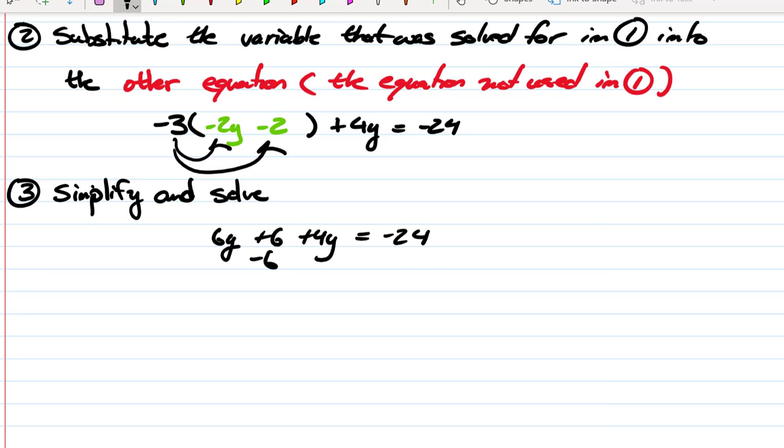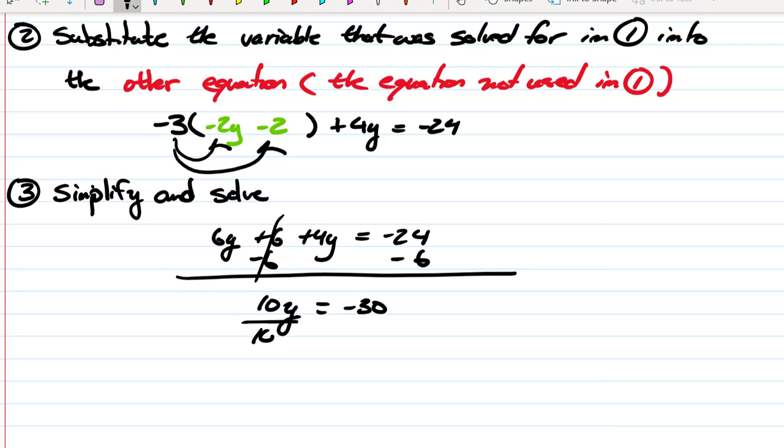So we minus 6 from both sides of the equation and collect our like terms. 6y plus 4y is 10y, and negative 24 minus 6 is negative 30. Divide by 10, divide by 10, and we get y is equal to negative 3.